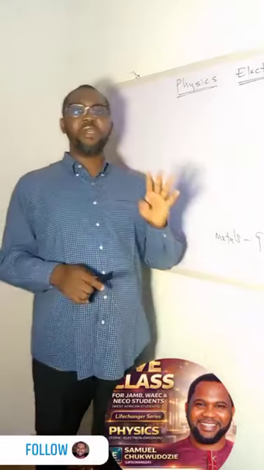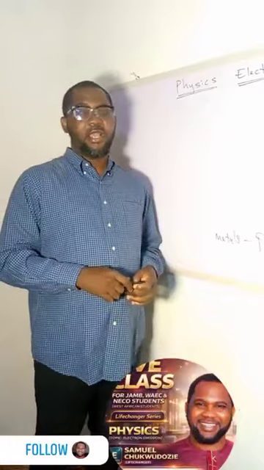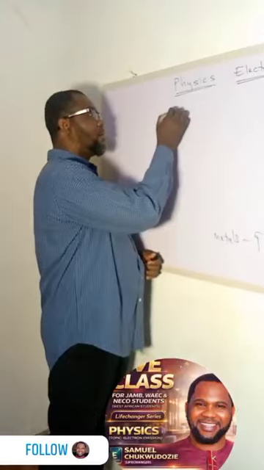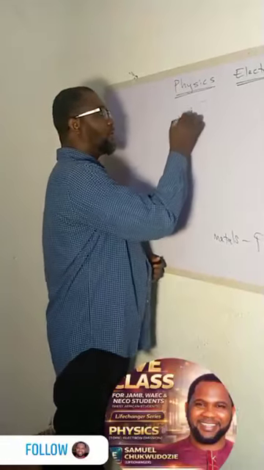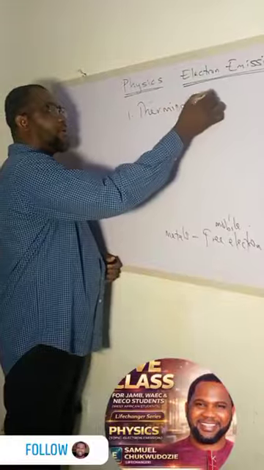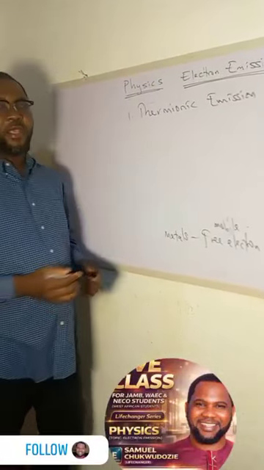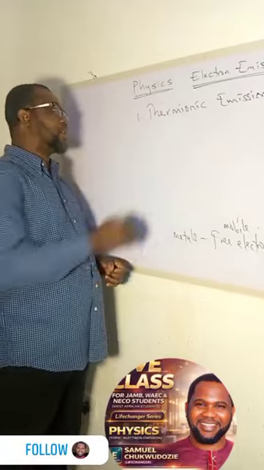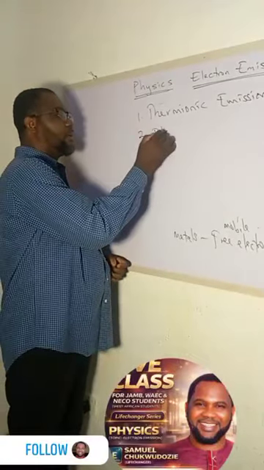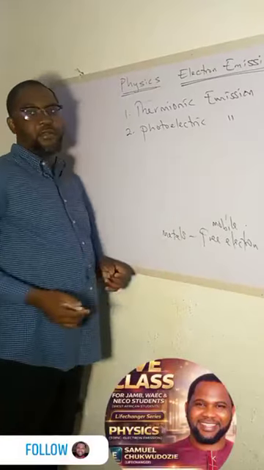Today is going to be a very interesting topic. Now, there are 4 ways by which you can emit electrons from the surface of a metal. One of the emissions is what we call thermionic emission. I hope you have your writing materials. The first one is thermionic emission. The second one is called photoelectric emission, and I'm going to explain all of that.